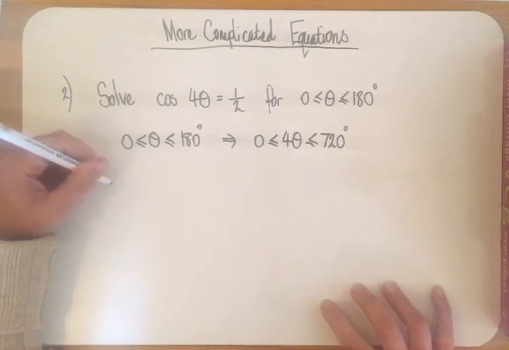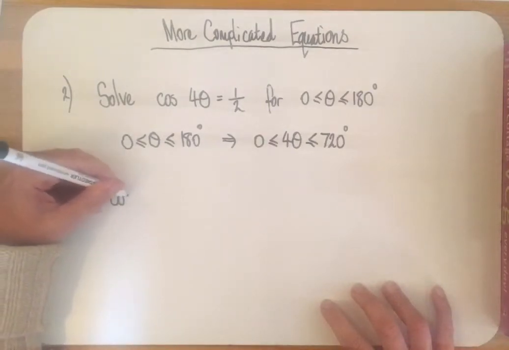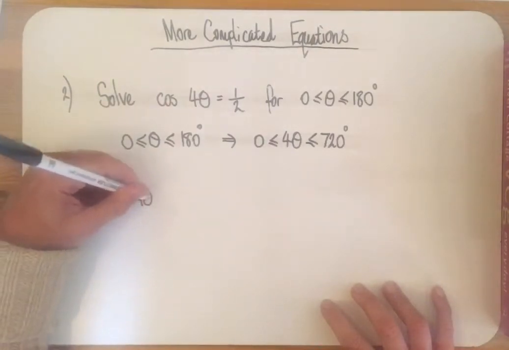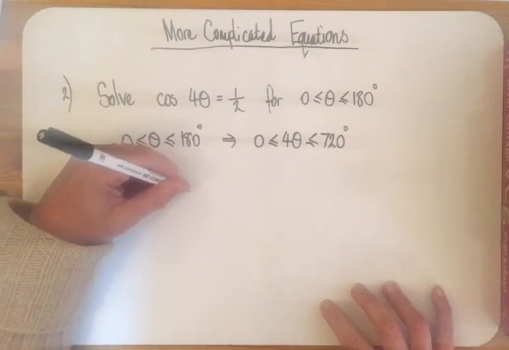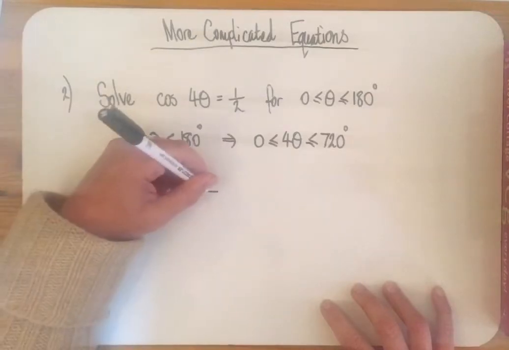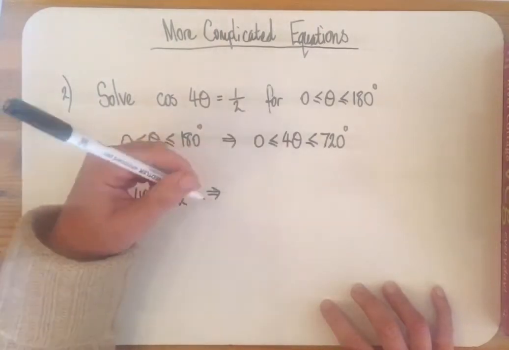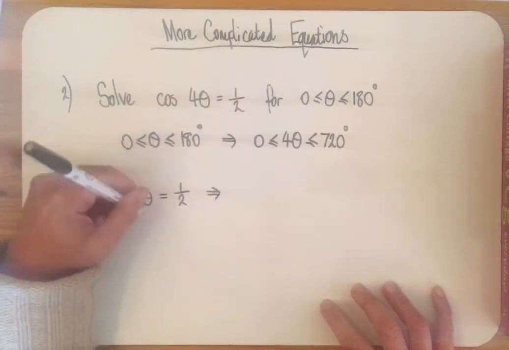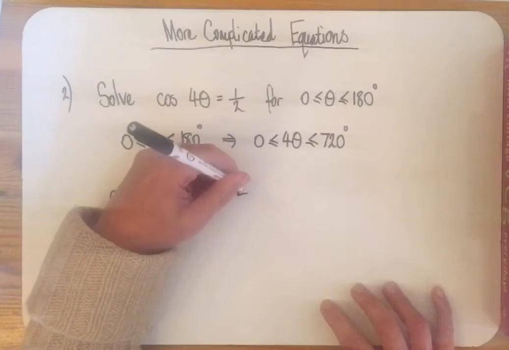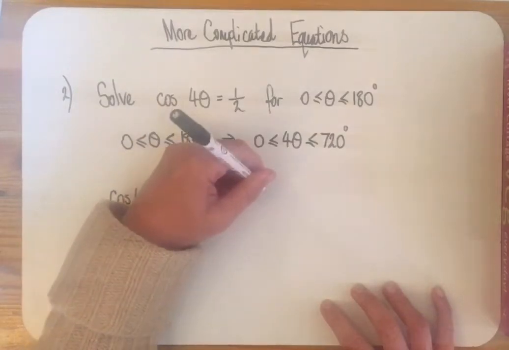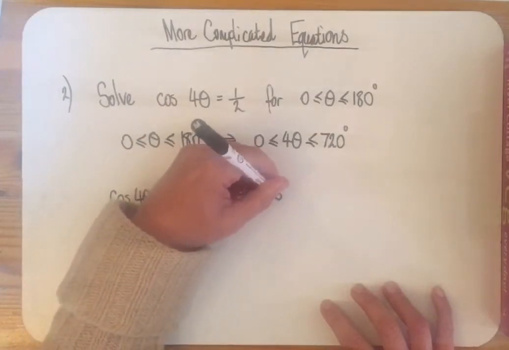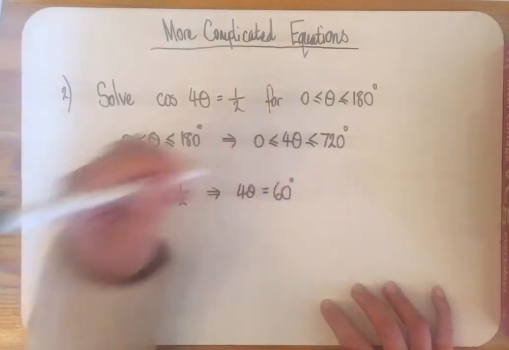The next thing to do is undo the cos. So shift cos a half gives you that 4 theta is equal to 60 degrees.